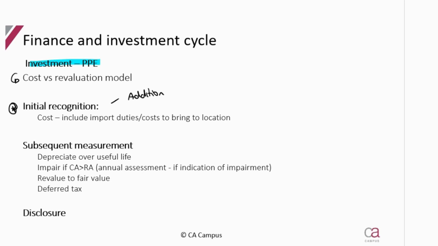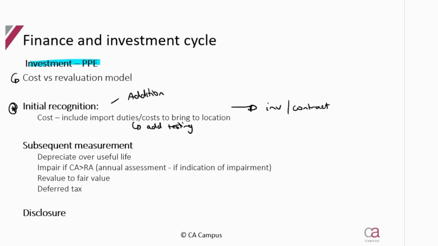You've gone and bought a vehicle. So initially it must be recorded at cost, and they have to include import duties cost to bring it into location. So you're going to have to do this additional testing to make sure that the costs that should be included have actually been included. What's going to be the document to help you here? The invoice or the contract.